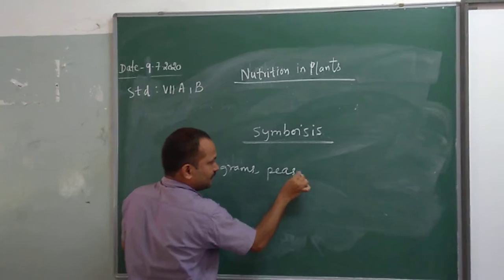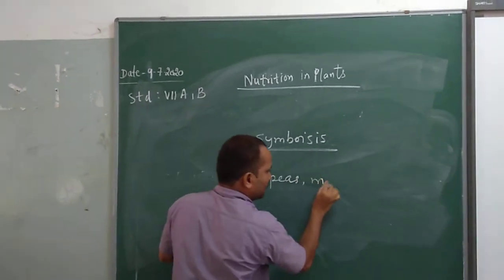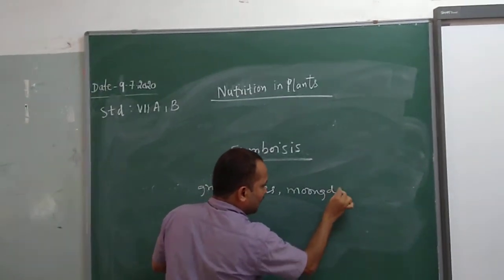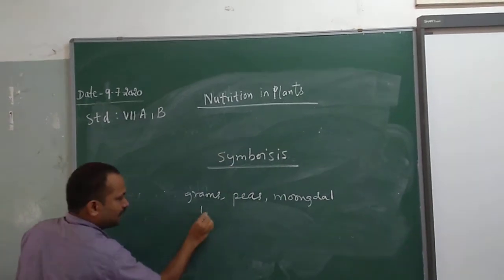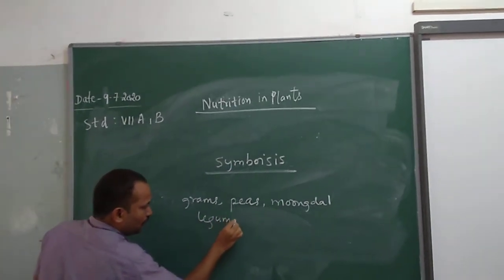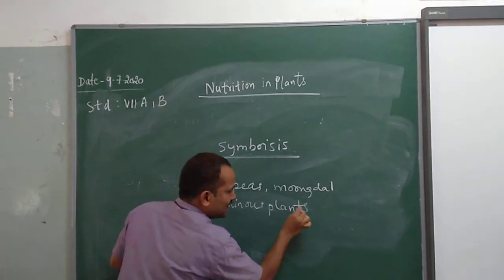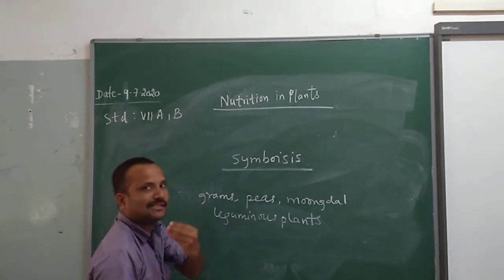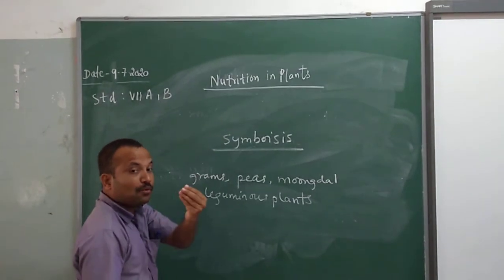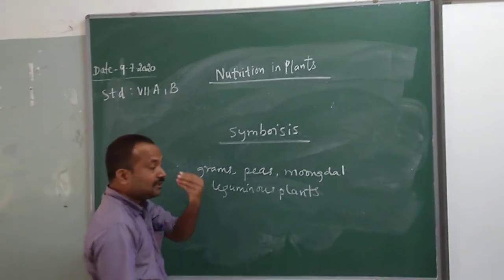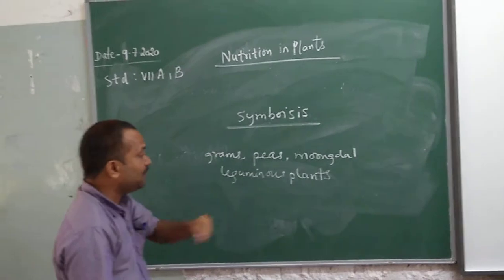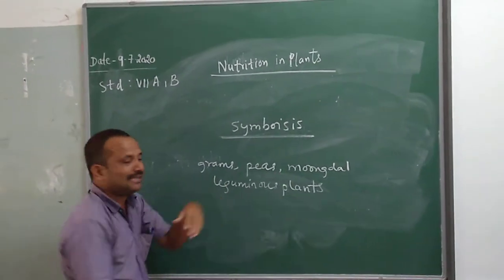Peas. Moong dal, children. Especially with leguminous plants. Leguminous plants will give us pulses. Whatever pulses we are eating, whatever dal we are eating, all these pulses we get from leguminous plants.